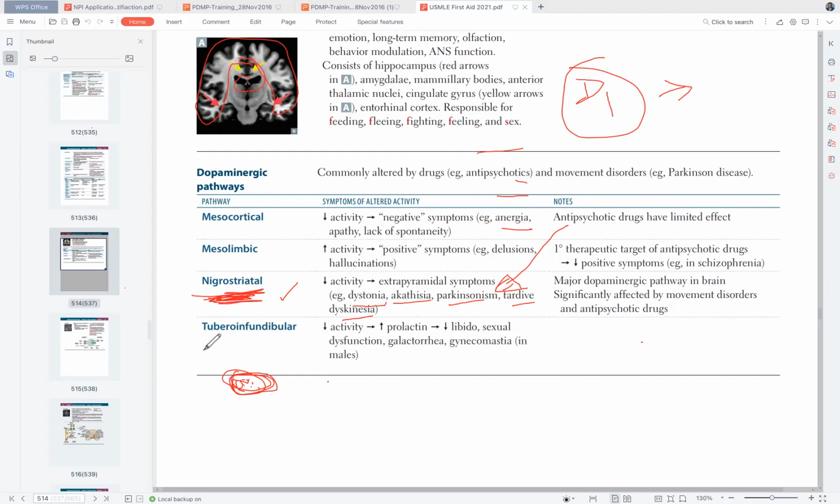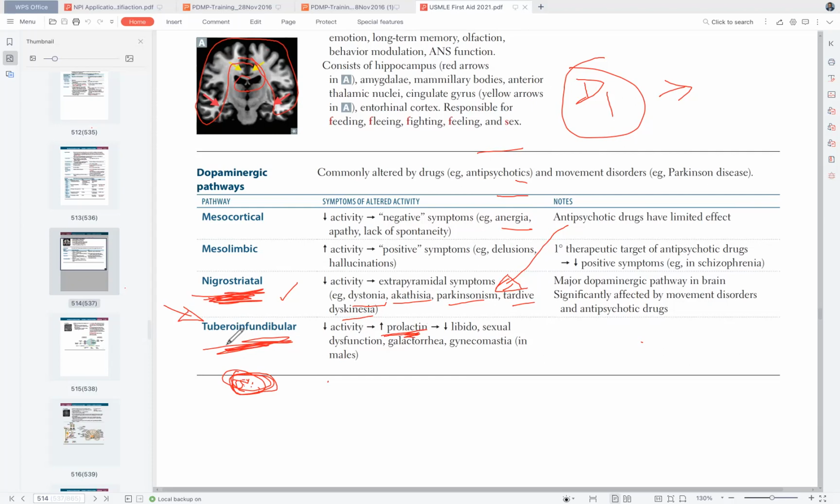And the tuberoinfundibular pathway has to do with prolactin synthesis, right? When dopamine acts on this tuberoinfundibular pathway, it is supposed to inhibit production of prolactin.